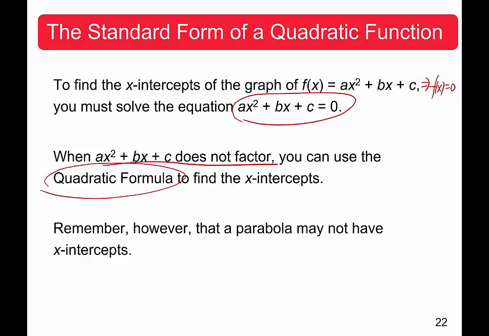And the quadratic formula is -b plus or minus the radical of b squared minus 4ac, over 2a. So just use the formula to come up with the x-intercept. And sometimes the problem may not have an x-intercept, when even using the quadratic formula we have no solutions. It's possible. Then the parabola has no intercept.